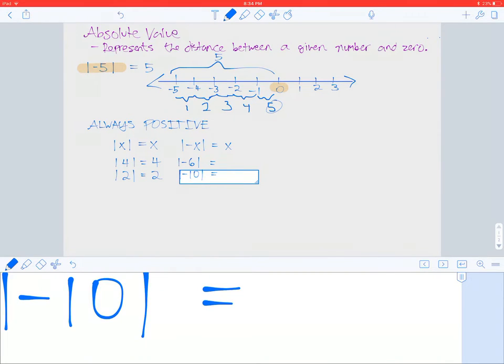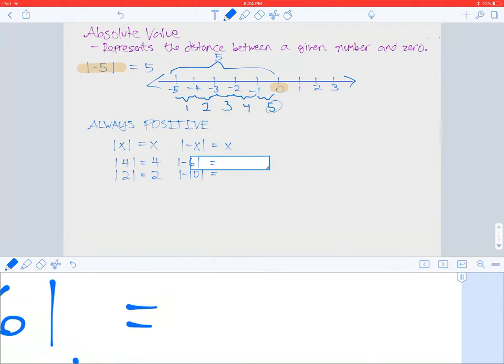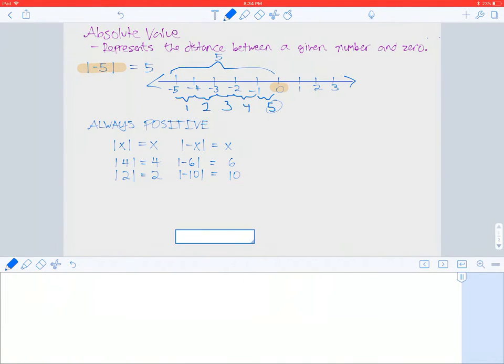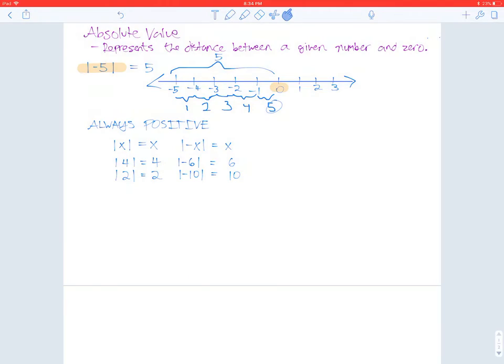Okay, let's see if you got this correct. The absolute value of -6 is 6, and the absolute value of -10 is 10. The reason is that if you have a negative number, you're going to get the positive variant of it, the opposite. And if you already have a positive number, its absolute value just stays that number.